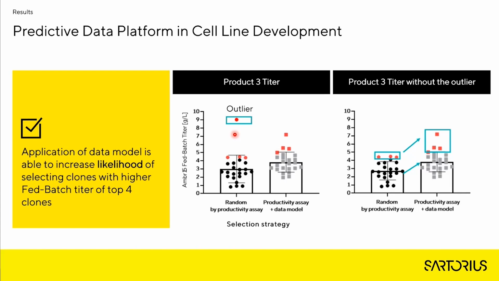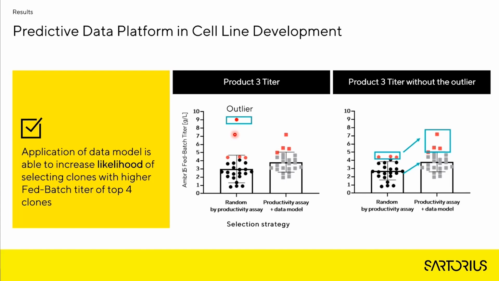But that's what we can call a lucky hit, because, and I'm insisting again, what you want to achieve with the data model is not only selecting the best clone, but also increasing the likelihood of selecting clones with higher fed batch titer.